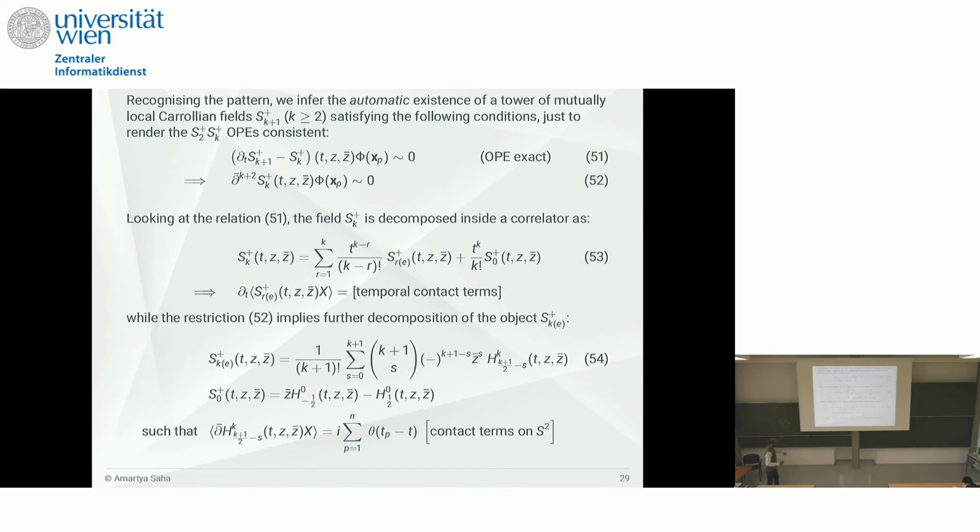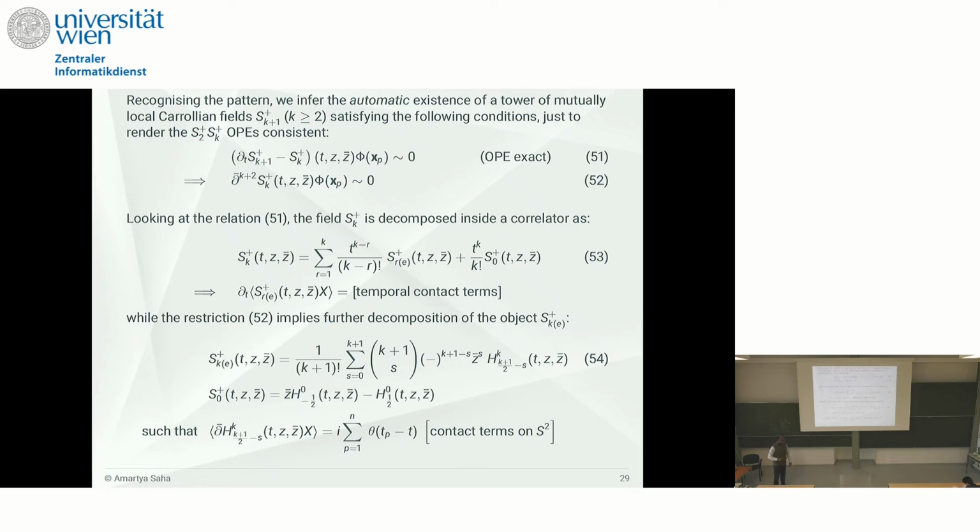So by now I hope the recursive method is clear. You see that for S2 plus Sk plus OP to be consistent, we need the automatic existence of a field S(k+1) plus, where k is greater than or equal to 2.